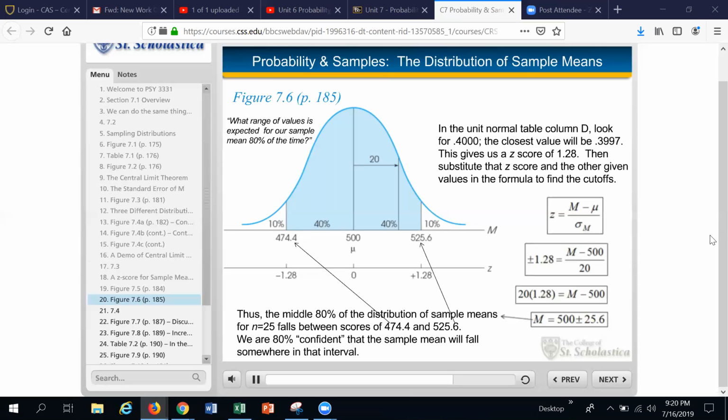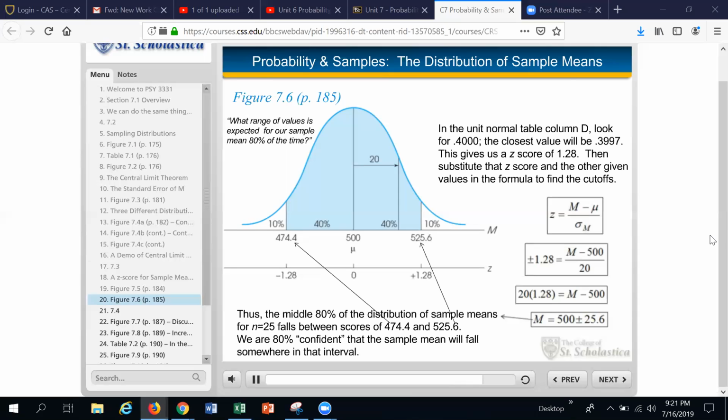We end up with m equaling 500 plus or minus 25.6. Then we add 25.6 to 500, which gives us 525.6, which is the upper cutoff as shown in the graph. Then we subtract 25.6 from 500, which gives us 474.4, which is the lower cutoff as shown in the graph.